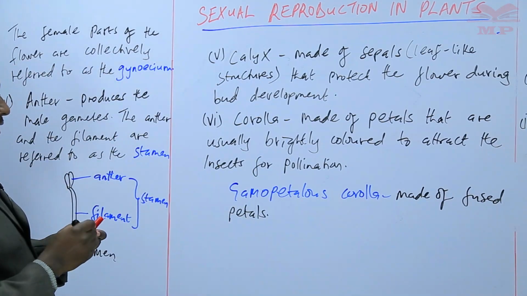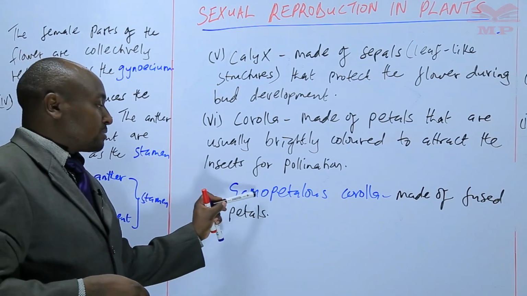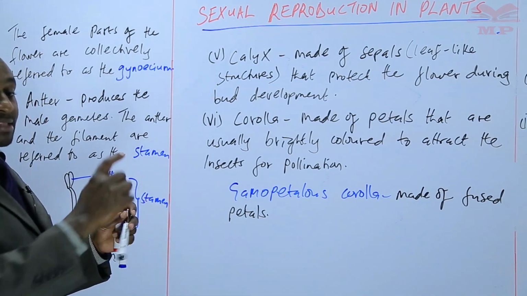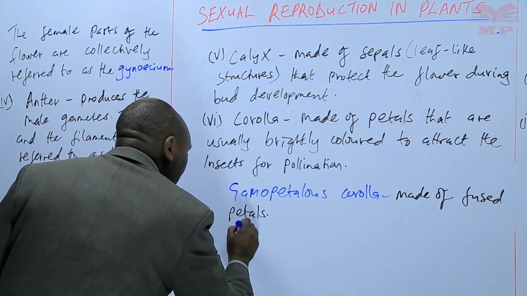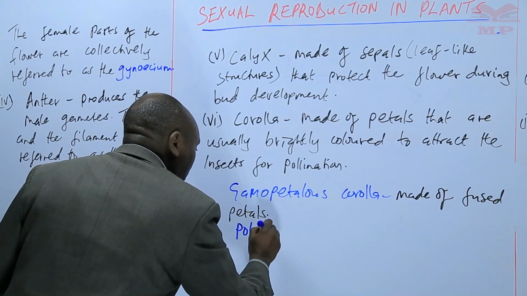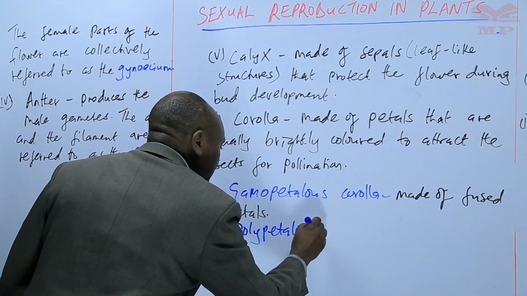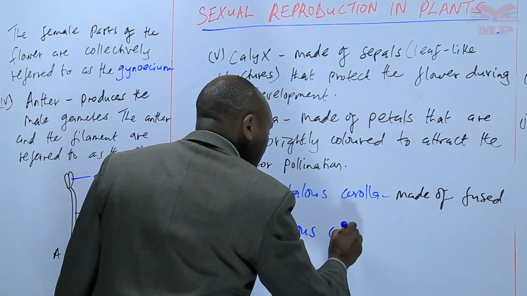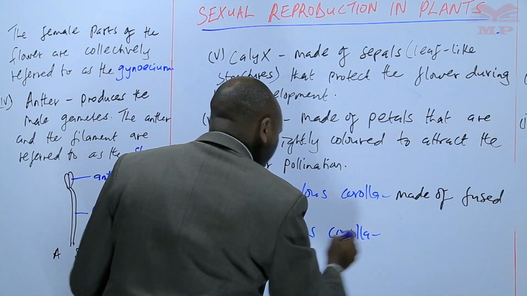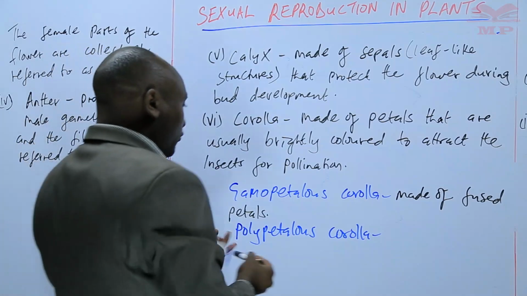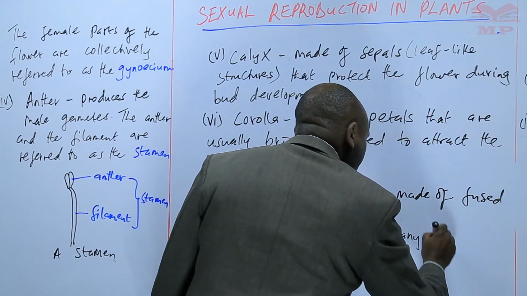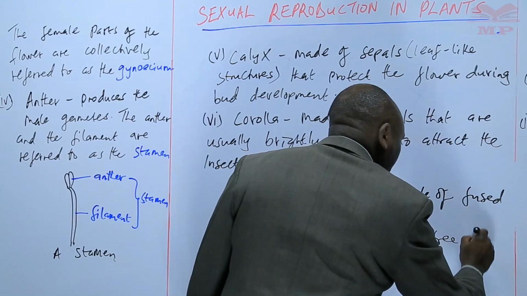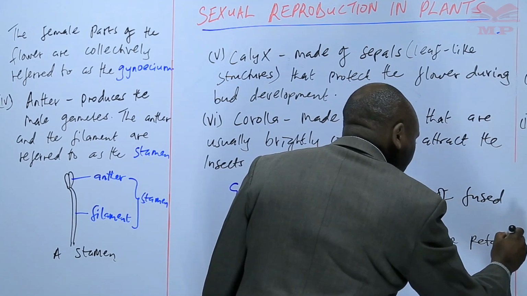Or it may not always be fused, but sometimes they can be free. So in this case, we have what we call a polypetalous corolla. This is made of many free petals.